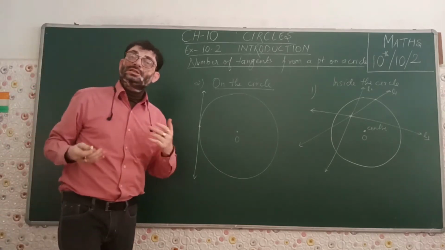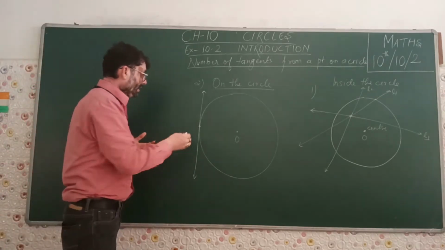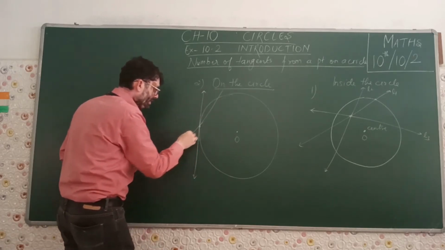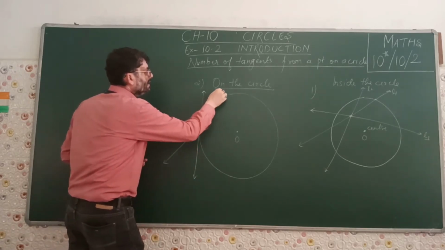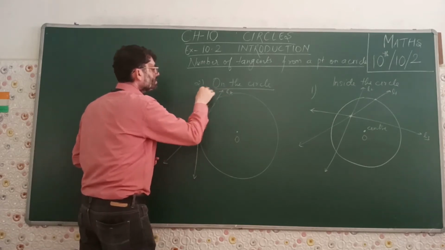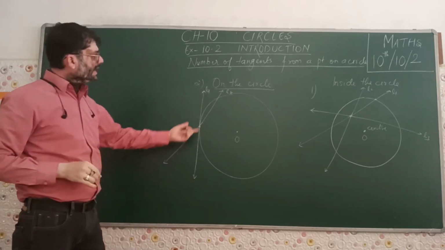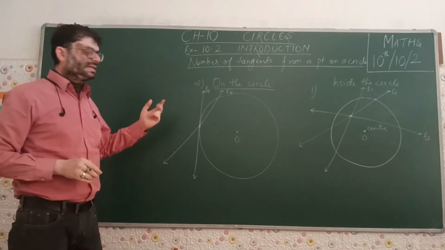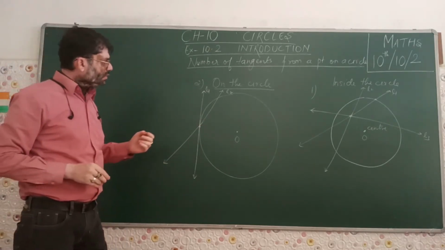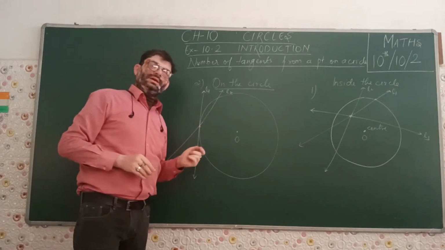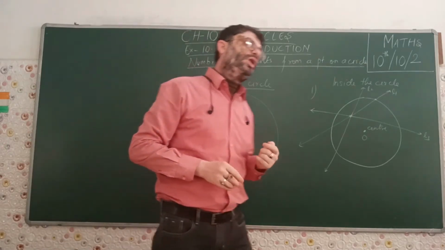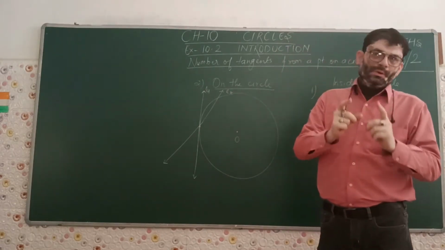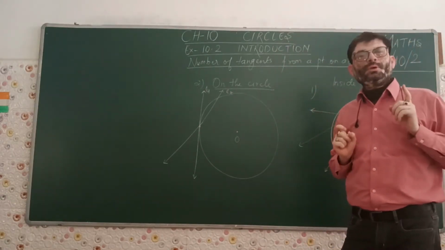Are no other tangents possible? Let us see. If you change the position of the line, suppose this way it moves, this way it moves. Again, this is the same line as the previous one, L1. Now this line L2 intersects the circle at 2 points. So this cannot be the tangent. So we can generalize that if a point lies on the circle, from that point one tangent is possible.